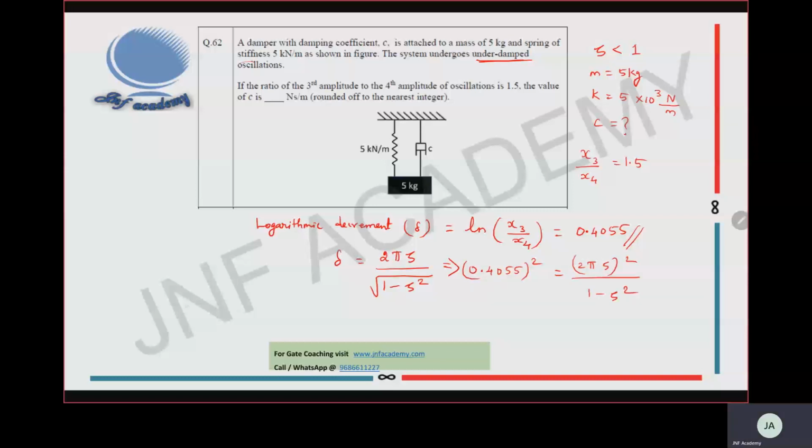Now we bring this denominator to the left hand side. So if I simplify it further, 0.4055 square minus 0.4055 square zeta square is equal to 4 pi square zeta square. Now I can bring this negative zeta square term to the right hand side and I can simplify. Okay.